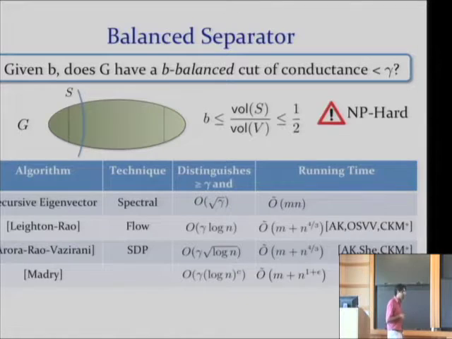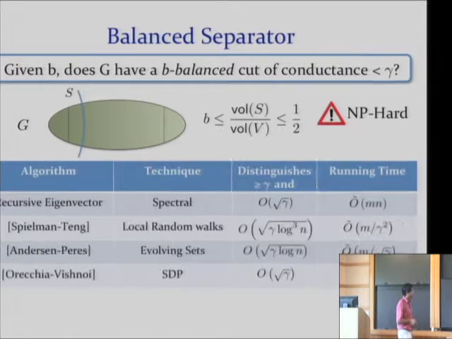So the class of algorithms I'm going to talk about in this talk are called spectral algorithms, and again this is also a really large subfield of the work on this problem, and I'm again just highlighting the most important and most relevant works here. Starting with the work of Spielman and Teng that used local random walks in order to give a root gamma polylog. Root gamma is the spectral guarantee that we are shooting for, and it's a polylog overhead.